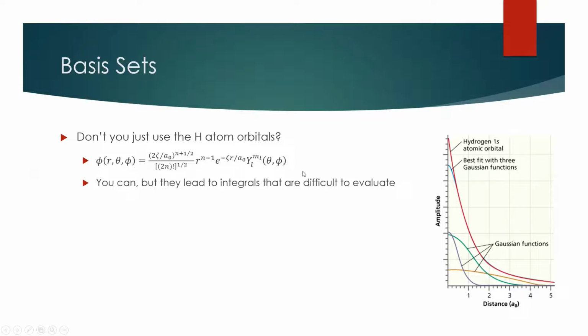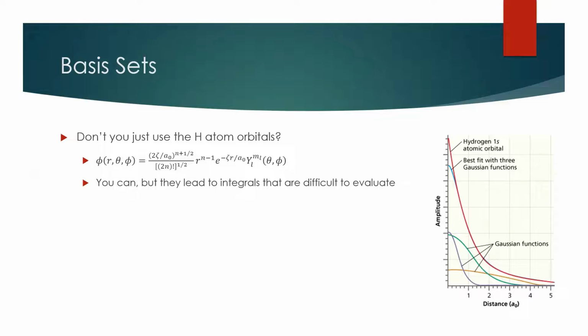So these were first used, and of course they bear the most resemblance to the actual problem, the orbitals at hand. However, they lead to integrals that are difficult, if not impossible, to evaluate. So these challenge the program. The computers can't actually solve these integrals.